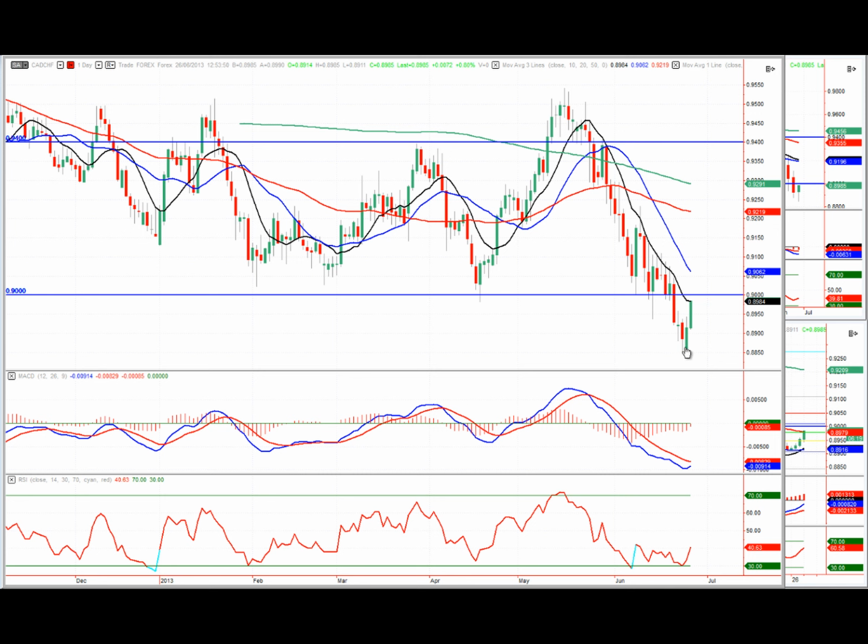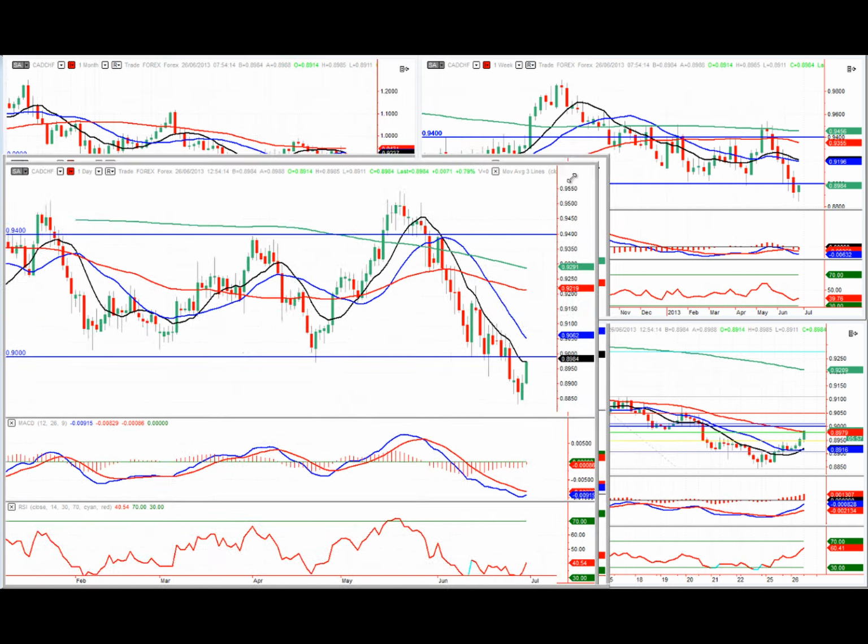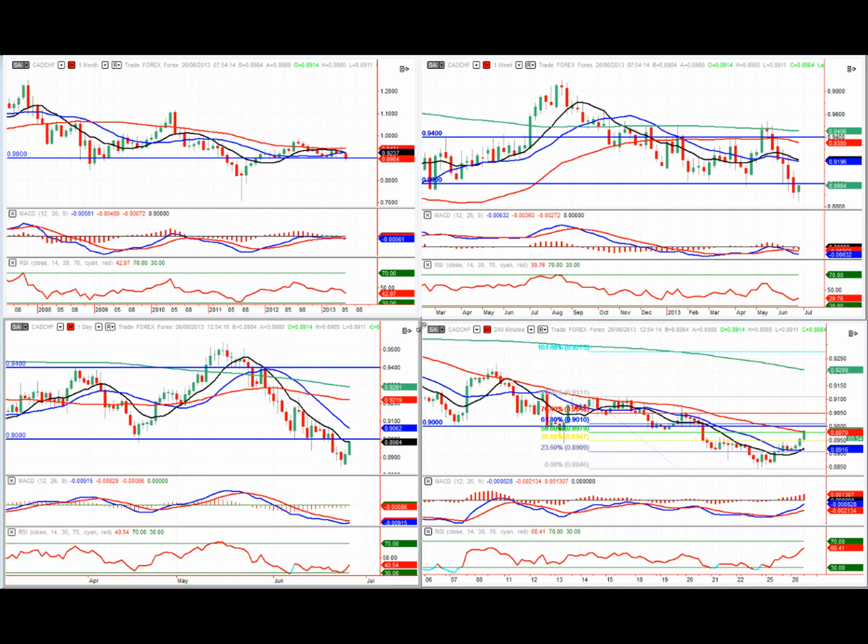At that point it was quite overextended from the sell zone, so a retracement wasn't unexpected. Price is now pulling right back towards that 9,000 level, which happens to cluster right in the sell zone. We've still got lovely convergence on the indicators too, so everything's looking very nice for a continuation of this move to the downside.